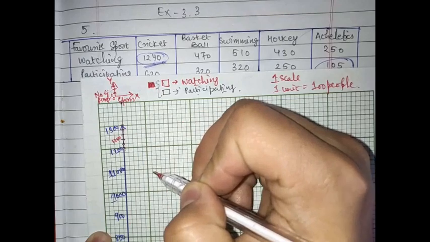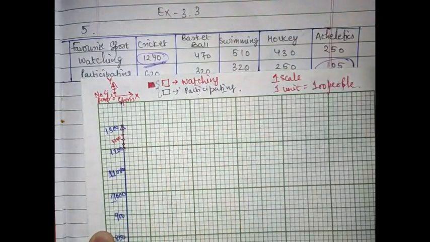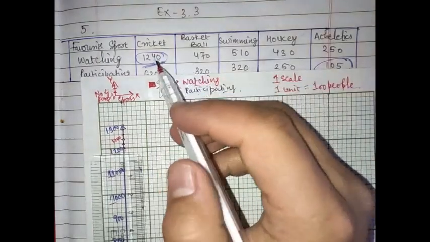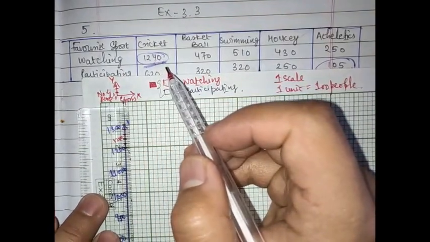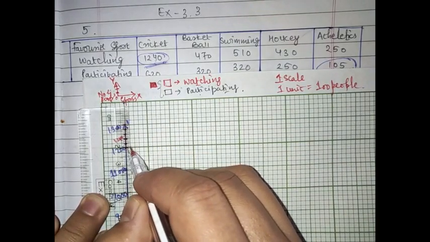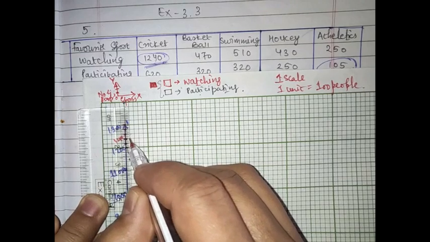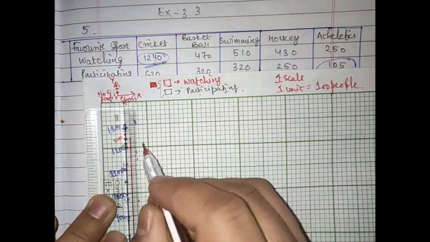So this is your 1240, representing the number of persons watching cricket.